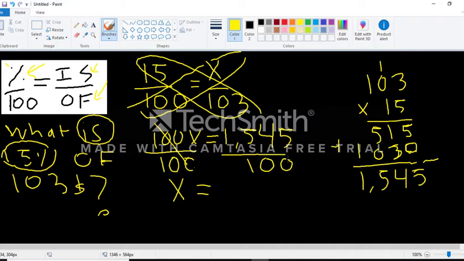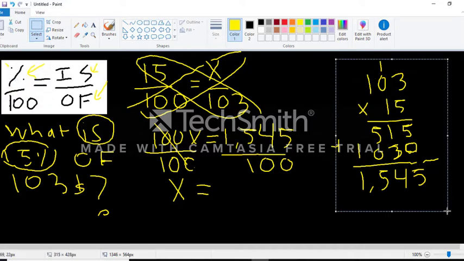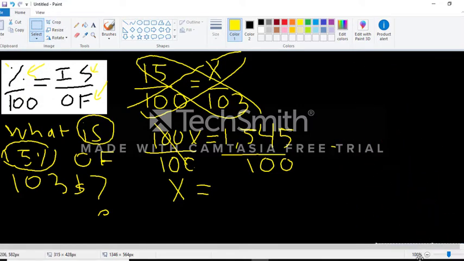So now, we're going to divide manually. Again, you could do it on your calculator if you like. I'll do it manually for you. 100 into 1,545.